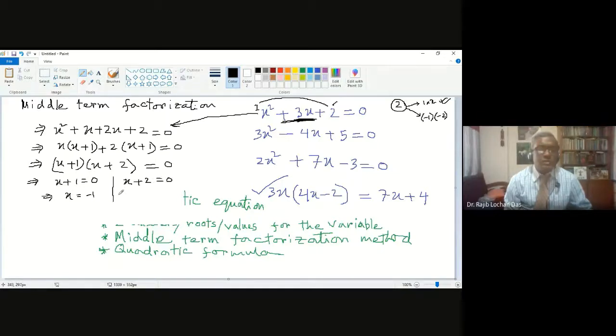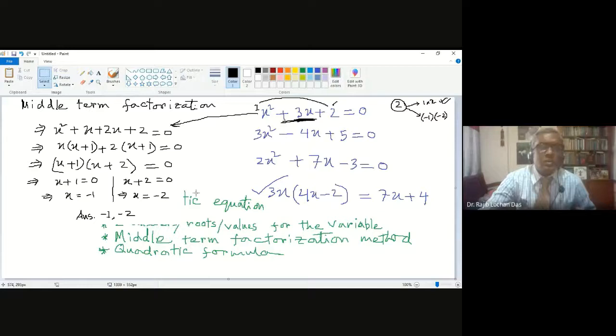So from this you will get x equals to minus 2. So that will be the answer, minus 1 and minus 2. Answer will be two answers for the variable every time. If you have a quadratic equation, then there will be two answers every time.